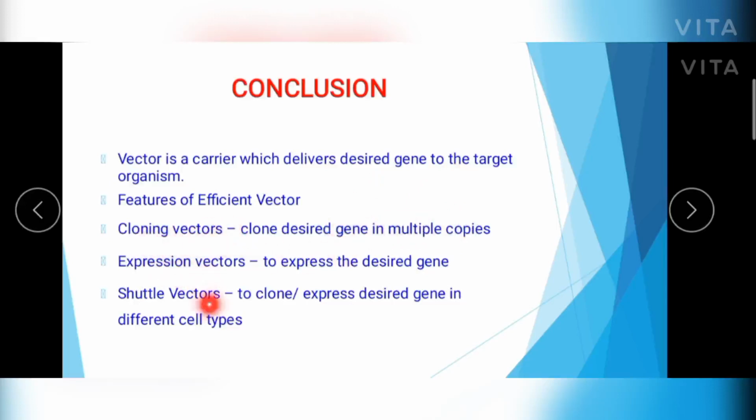The three types of vectors which we have discussed: to clone the desired gene in multiple copies, you will select the cloning vector, and to express the desired gene you will take the expression vector. To satisfy both features, either to clone the gene or to express the desired gene, you will take the help of shuttle vectors, which also have the capacity to multiply in two different cell types.